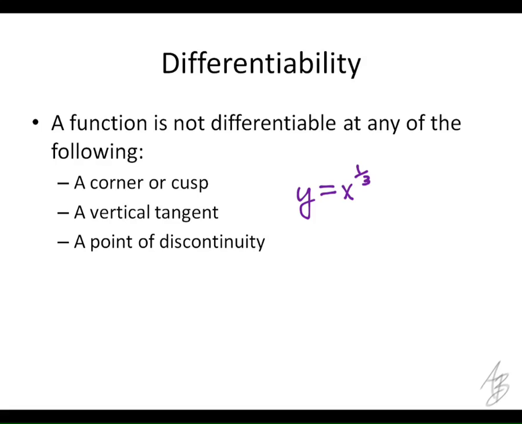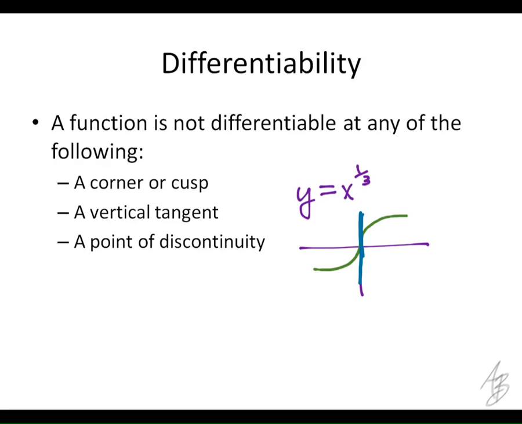Well, that function looks like this. Since it's the inverse, it's just going to look like that. And what we end up with is a vertical tangent line right here. Okay? So at that point, the function y equals x to the 1/3 is not differentiable. It's differentiable at every point except for that point.